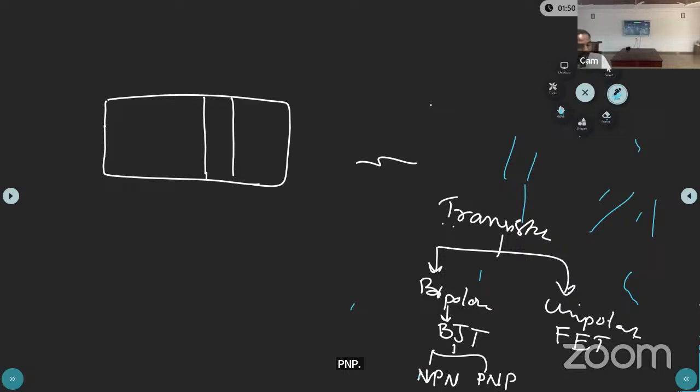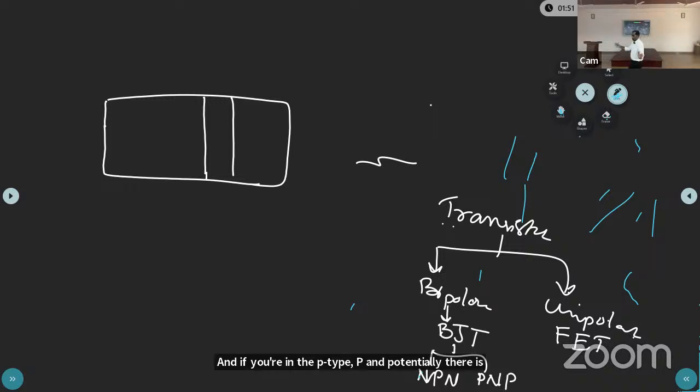Now, how are we constructing the transistor? How many different semiconductors are there in the NPN transistor? Two different semiconductors, the N and P. In the NPN transistor there are two N-type semiconductors, and in the PNP transistor there are two P-type semiconductors and one N-type semiconductor.